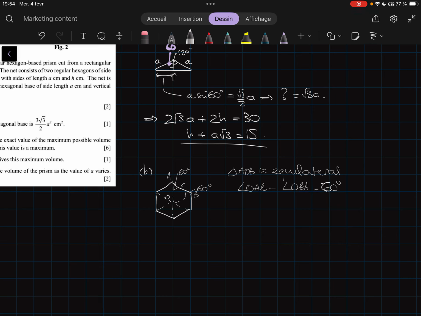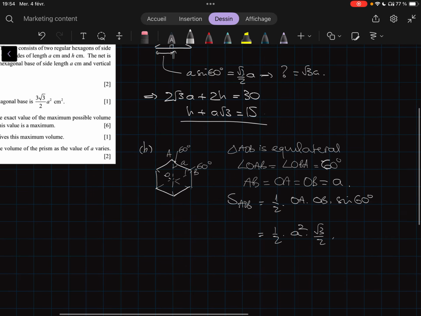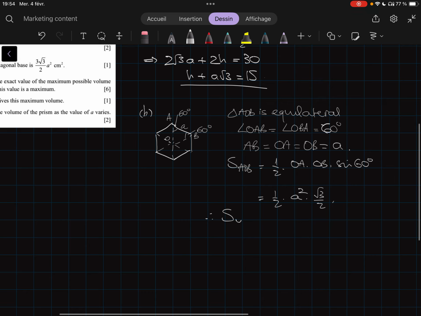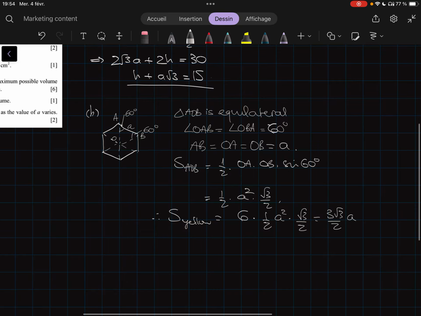We know the side length is equal to A, so AB is equal to OA is equal to OB is equal to A, and the area of one small triangle is going to be a half times, say, OA times OB times sine of the angle between them. And you would get 1 by 2 times A squared times root 3 by 2. Because of that, the area of the yellow base is going to be 6 small triangles. And that will give us 3 root 3 by 2 A squared. It is a 1 marker for a reason.